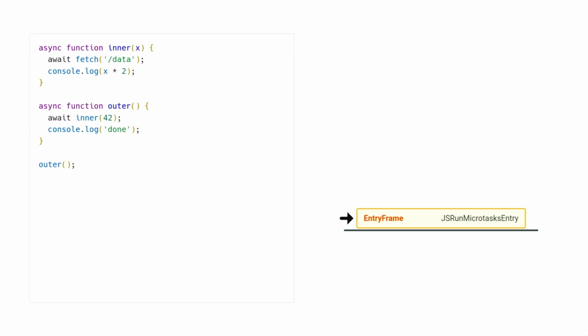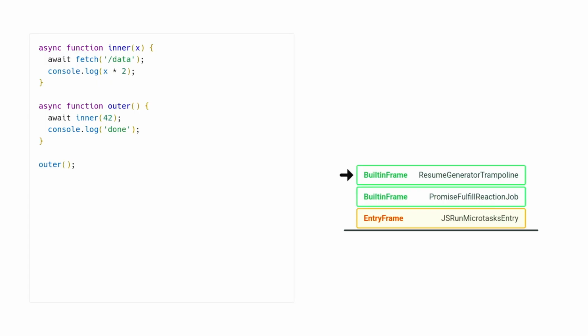And these work items are run whenever there's no JavaScript code. The work queue is only drained when all JavaScript has completely returned execution. And in this case, fetch will have returned, its promise will have resolved, so we have a queued work item for promise fulfill reaction job. Basically, that's what the name says, a promise was fulfilled, and we're reacting to that promise being fulfilled.